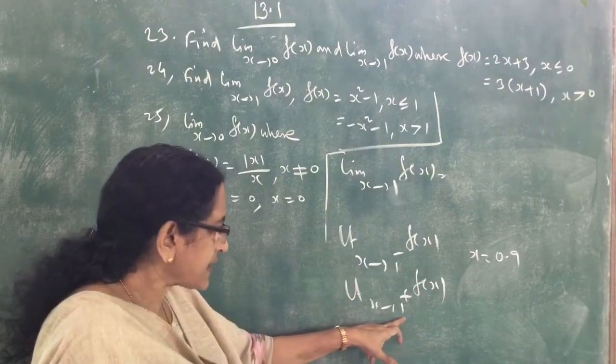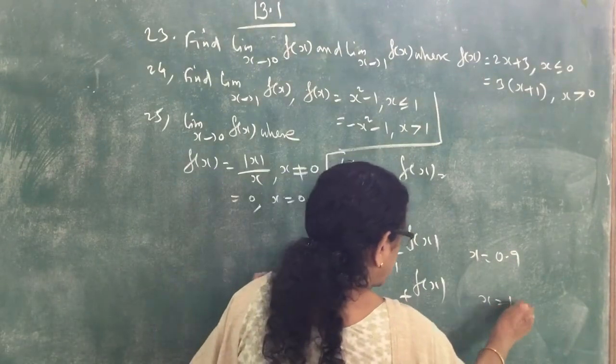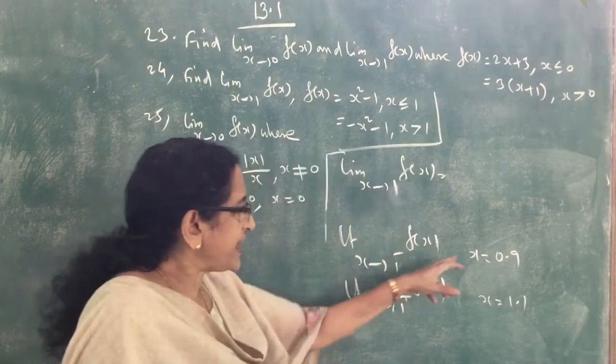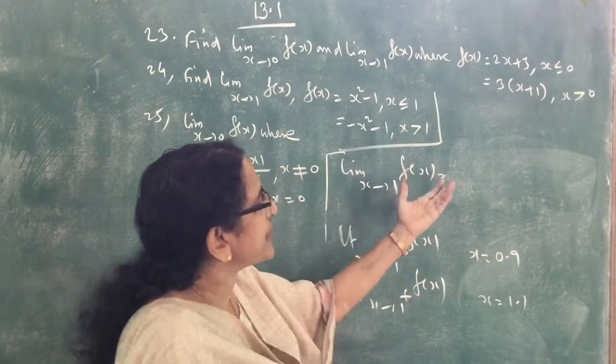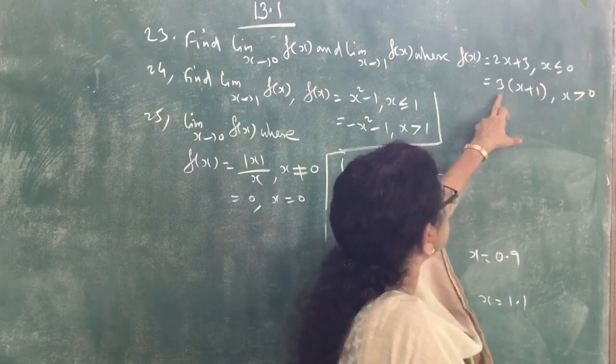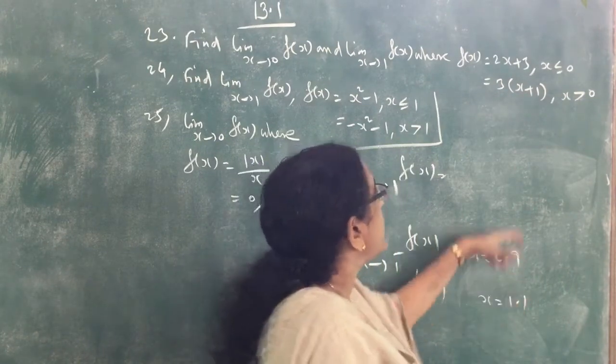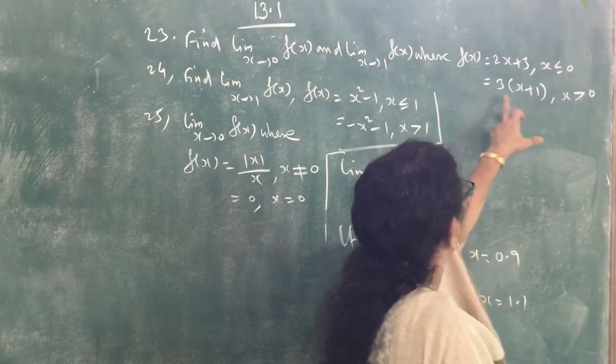Now in this case x greater than 1 and very close to 1, take x as 1.1. When x is 0.9, what is f of x? x is 0.9, which is greater than 0, so f of x is 3x plus 1. When x is 1.1, x is also greater than 0 and the value is the same, 3x plus 1.